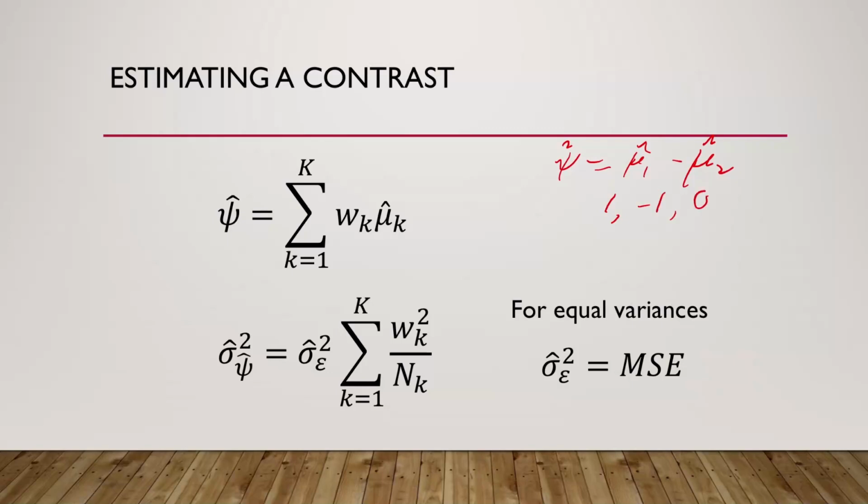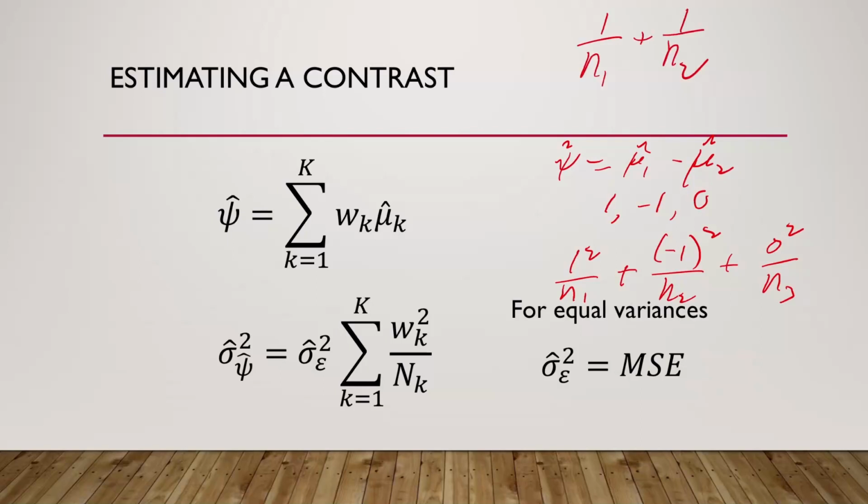So when I work out those weights squared, it's going to be 1 squared over the n of the first group plus minus 1 quantity squared over n of the second group plus 0 squared over n of the third group. Well, look at that a moment, and that can simplify to simply 1 over n1 plus 1 over n2.